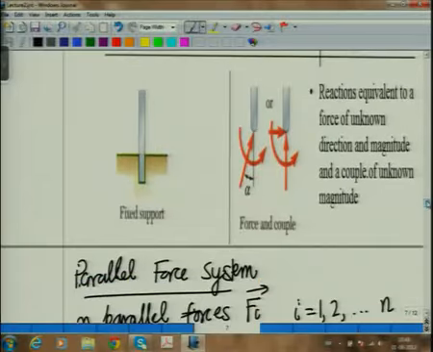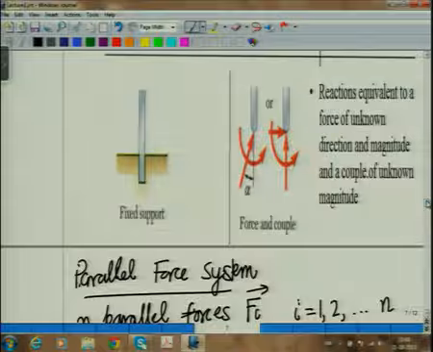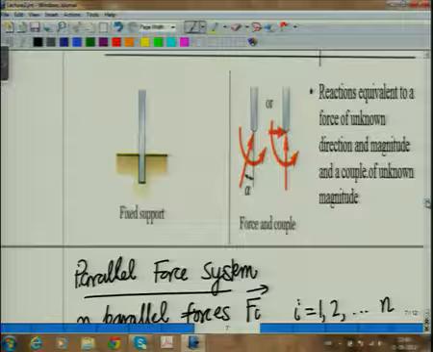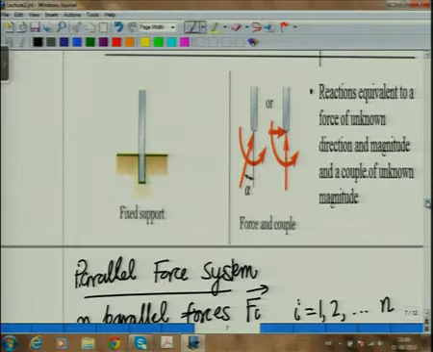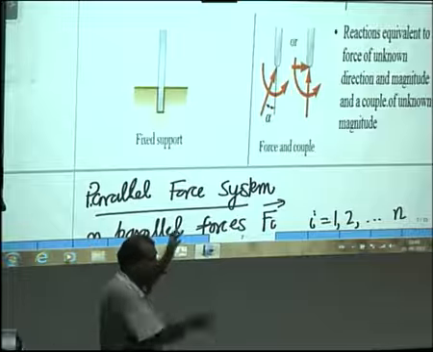planar systems, and this is what we call a fixed support. Think of a nail which has been hammered inside the wall, or some beam which has gone inside the wall. In fact, if the beam is hanging with one end free, we call it a cantilever. So this is fixed inside the wall. In this case, if we are talking of a planar system, obviously this will not allow any linear movement because of the support.